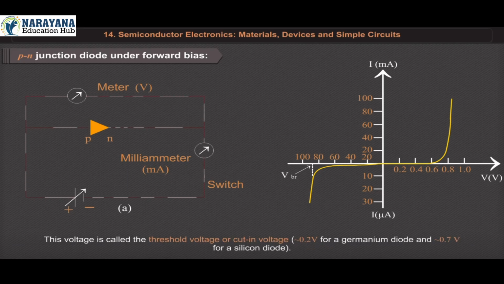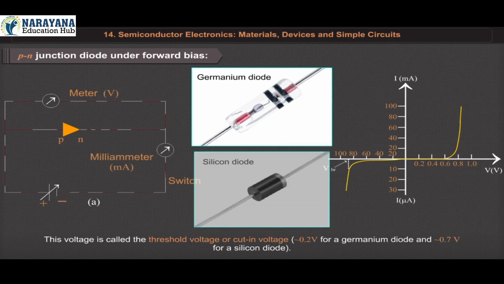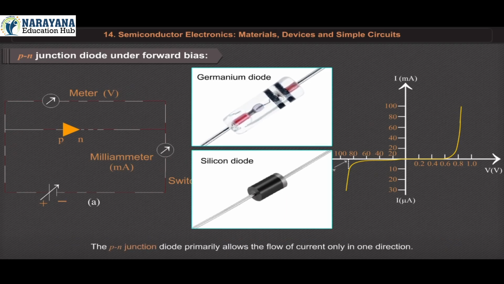This voltage is called the threshold voltage or cut-in voltage, and is approximately 0.2 volt for a germanium diode and approximately 0.7 volt for a silicon diode. The PN junction diode primarily allows the flow of current only in one direction.